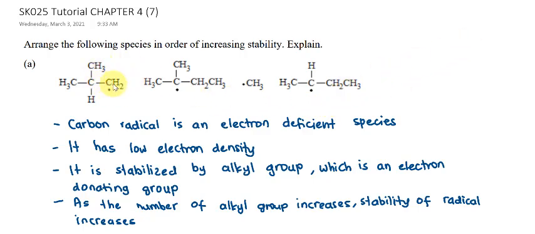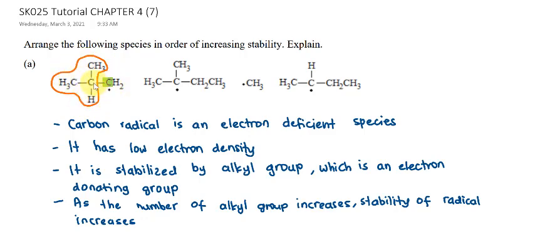For the first one, let's highlight the carbon radical. Have a look at this carbon, how many carbons are attached to it? If you look at this structure carefully, there is only one carbon attached to it. This whole group we call an alkyl group.